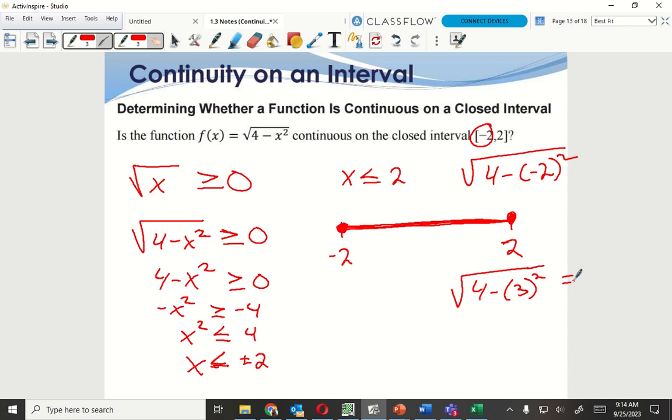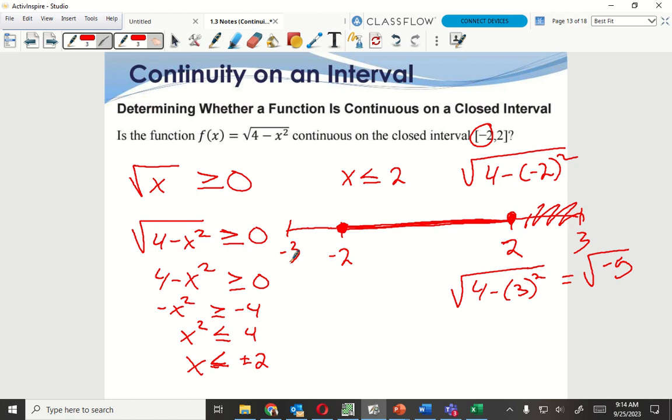So 4 minus 9 is negative 5. Can I have the square root of negative 5? No. So that means that this does not exist out here. It doesn't exist over here at 3. So this doesn't work. So it only exists in between here and here. With that square root, that's important to understand because I cannot have anything that is going to be outside of that. Would I do the same thing if it was negative 3?